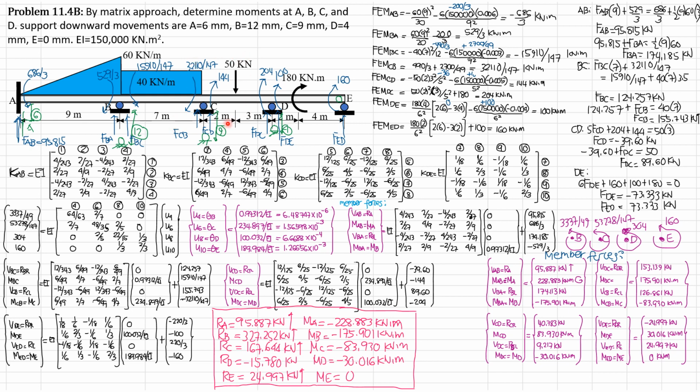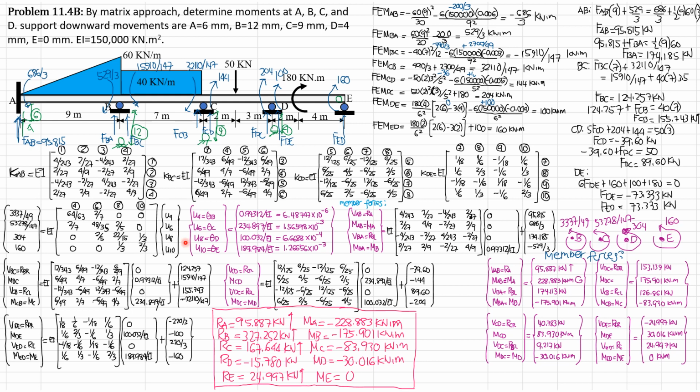So the result is positive clockwise, the net fixed end moments, but the load is counterclockwise, opposite to that. That's why positive counterclockwise, 53278 over 147. At D, 204 plus 100 clockwise, so the load is counterclockwise, 304. Then at E, this is clockwise, so counterclockwise, 160.